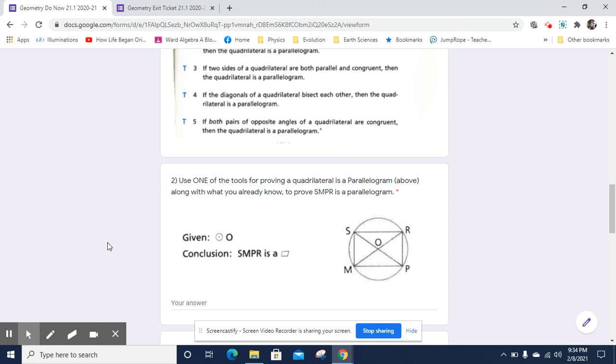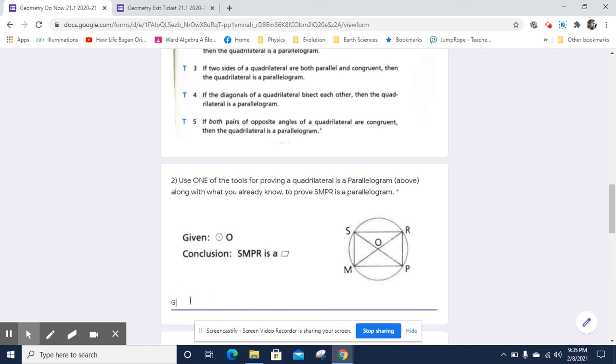Well, let's think about what it means that the diagonals intersect at O. What that means is that OS and OP are congruent because they're radii. It also means that OM and OR are congruent because they're also radii. And that means that SP and MR are bisecting each other.